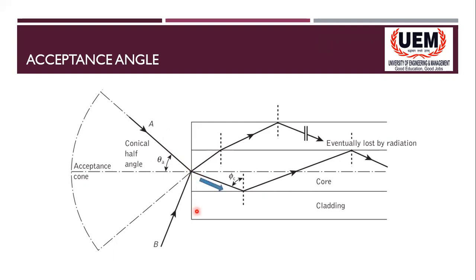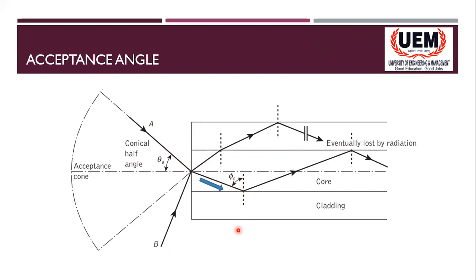So this is how the light is getting refracted here, and it is now falling onto the edge of the core and cladding. Since this light path is within the acceptance cone, it achieves the critical angle when it falls on the core and cladding edge. If we draw a normal at the meeting point of this light with the core and cladding edge, it forms the critical angle.